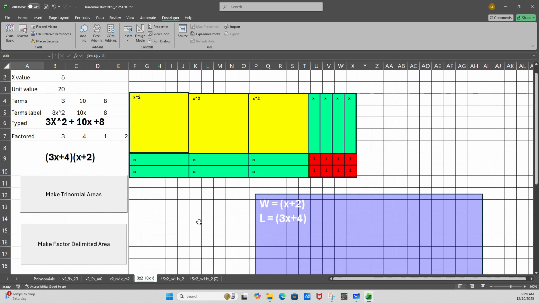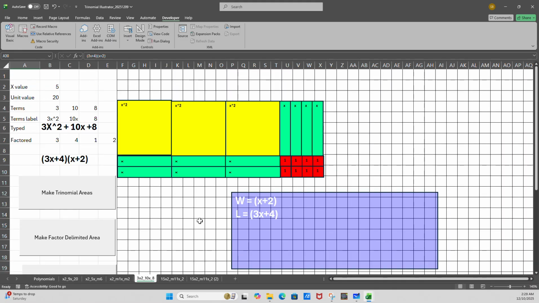And then also just looking at this, we have the 3x squared, and then you have to figure out how to organize 10x. So 10 of these other green ones. So you can have the 4 this way and the 6 this way. But the 6 this way is actually also a factor of 2.